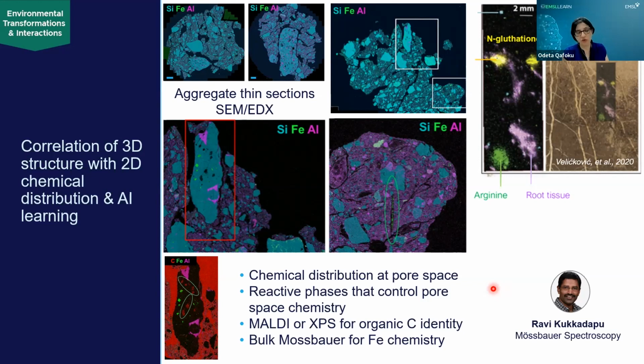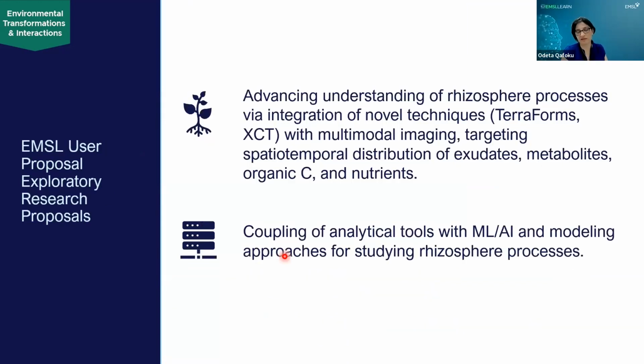And finally, I would say that to go from 3D physical distribution to 3D biogeochemical distribution, we have to couple it with machine learning and artificial intelligence. That is a next step that EMSL is working very hard on, and it's going to be part of the next speaker's conversation.